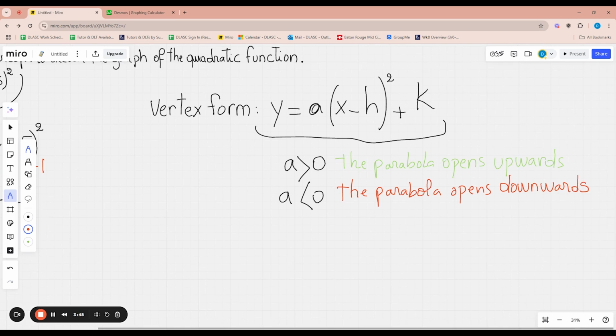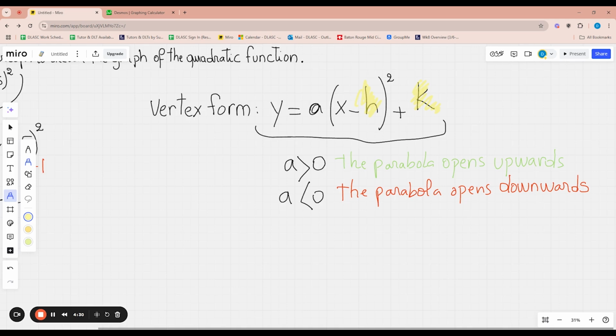Okay, and now for h and k. h and k represent the vertex of the parabola, or the highest or the lowest point. I mean, if a is positive, as I said, the parabola is gonna open upward, so we're gonna have a lowest point. This lowest point is the vertex. But if a is negative, the parabola opens downward, so we're gonna have a highest point.